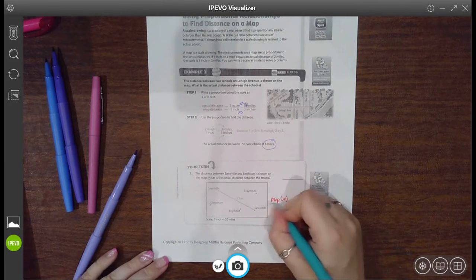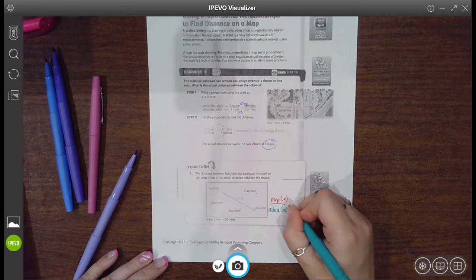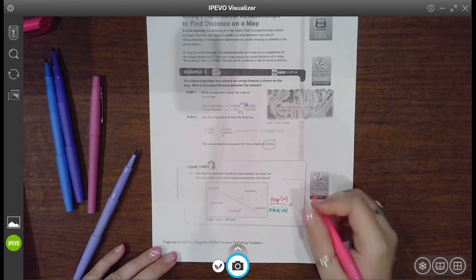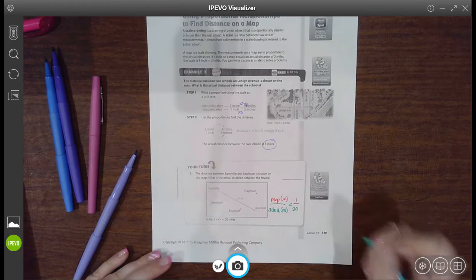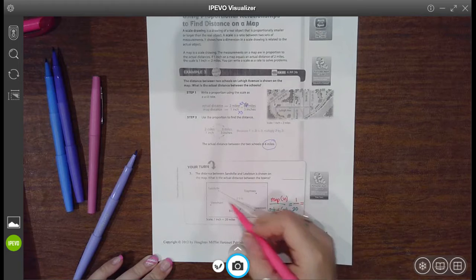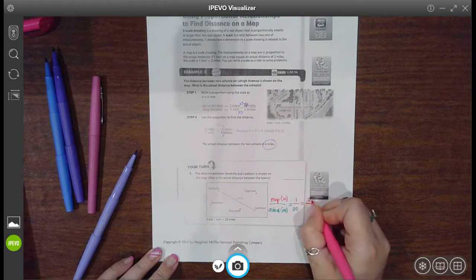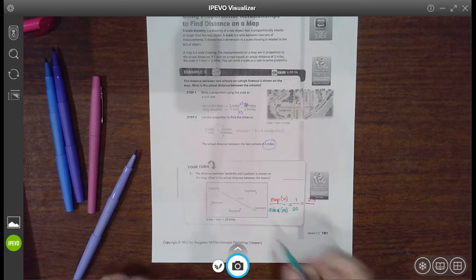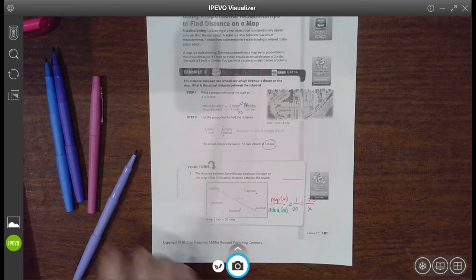And then I have the actual, and the actual is talking about the distance in miles. So 1 inch on the map is equal to 20 miles in real life. And they gave me on the map a distance of 2.5 inches. So they want to know how far those towns actually are apart in real life from each other.